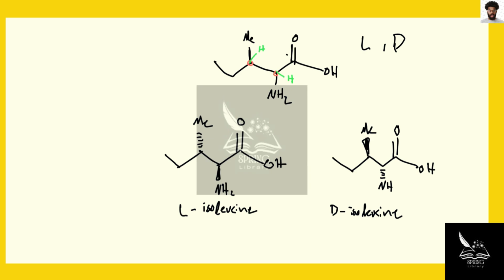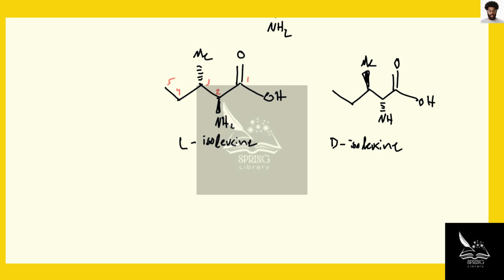Now, for further context, this is numbered from right to left: 1, 2, 3, 4, 5. And if you were going to specify the stereochemistry at the 2 and 3 positions here for L-isoleucine, we would say that this is 2S, 3S.